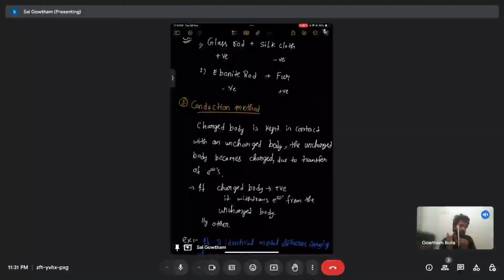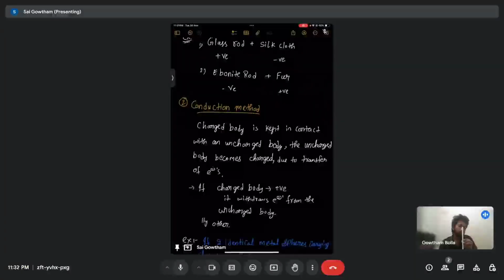Say, if it is a positively charged body, it was electron deficient in nature. When this body comes in contact with an uncharged or neutral body, it will take the electrons out from this neutral body and make this body charged.